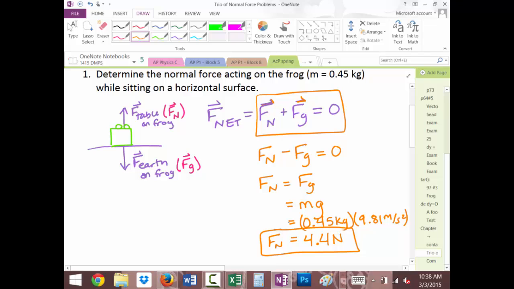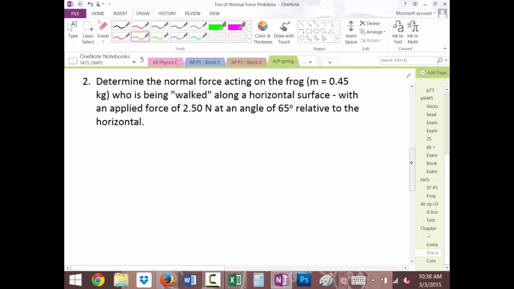We really only care about the normal force for now. So here's the question. This task asks you to determine the normal force acting on the frog who's being walked along a horizontal surface with an applied force. Applied force? What's that about?